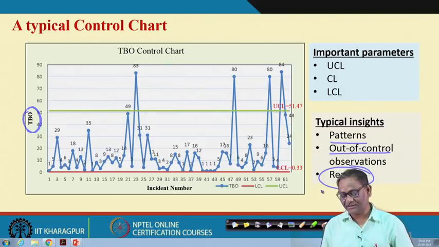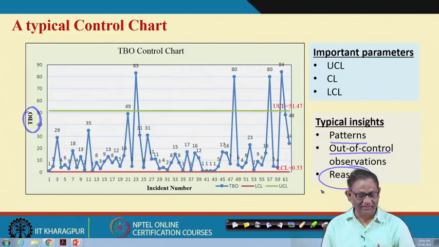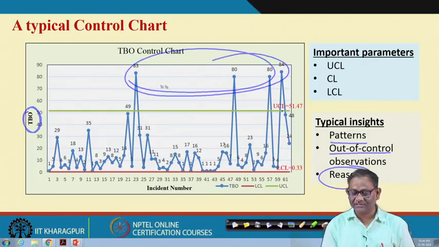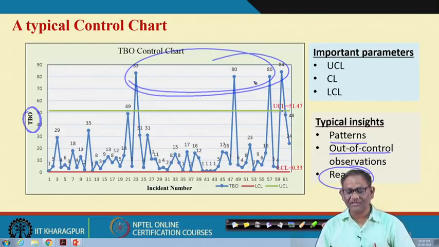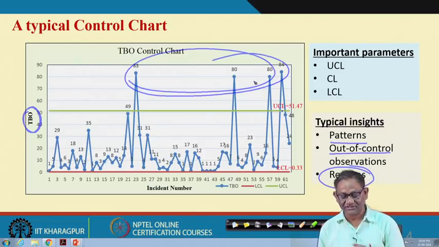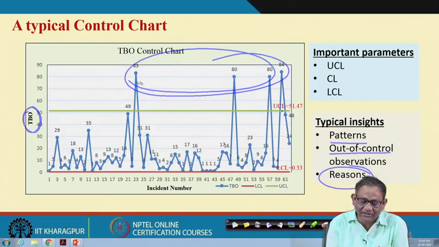Interestingly, safety is a one sided variable. If we say safety, it is higher the better, or if we say incident, it is lower the better. If we say TBO, time between occurrence, it is higher the better. So anything beyond UCL here is higher the better. In many cases we found that the incident free period is more than what should have happened from the process or system characteristic point of view, more than the UCL, and that is better. Then you find out why accidents or incidents did not take place during this period.